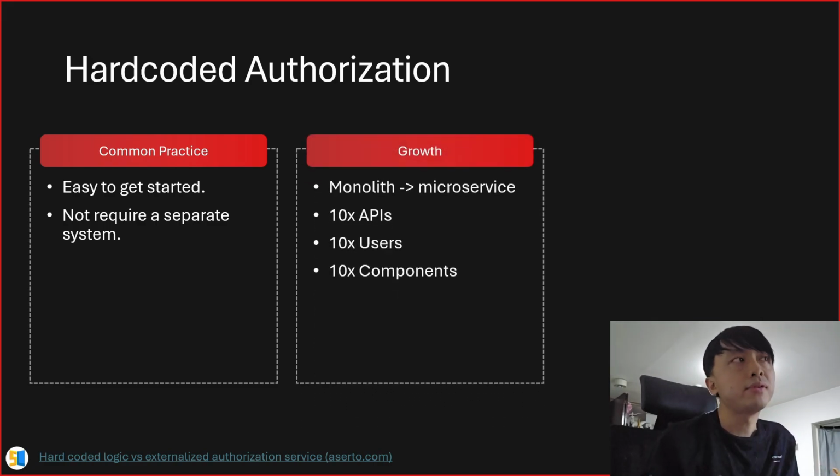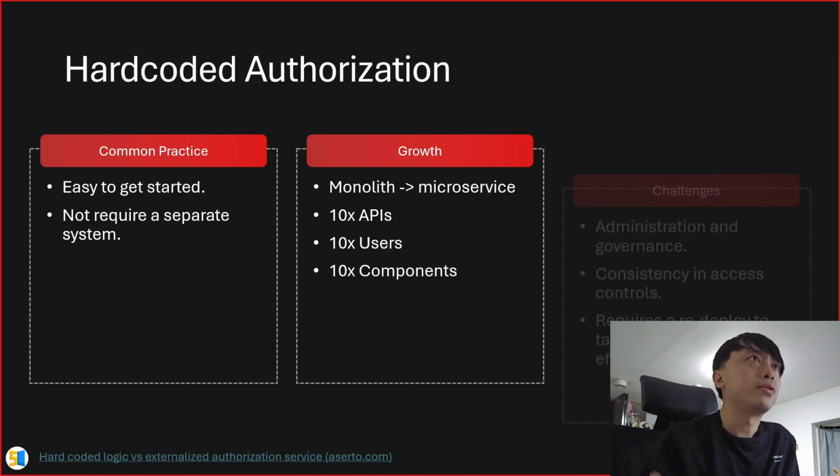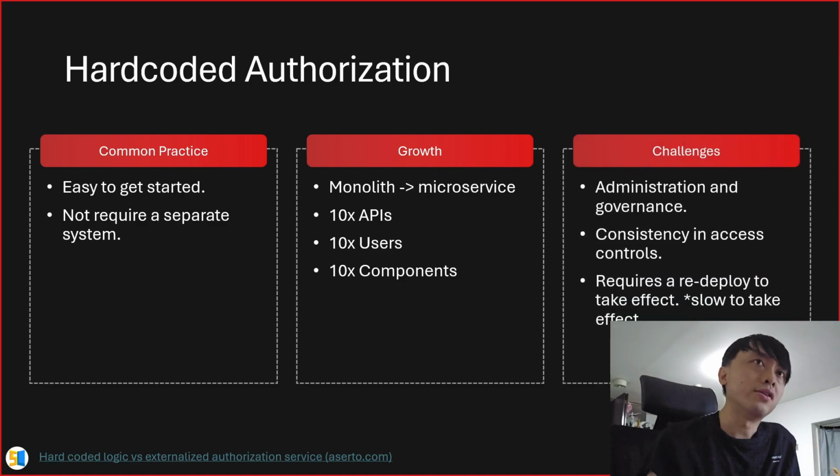But after some time, when the complexity of the system and the organization grows, for example from monolith to microservices, the number of APIs increases a lot, the number of users increases a lot, and the number of components inside the technology stack also increases a lot. If we're still using hard-coded authorization, there are some challenges we may face.